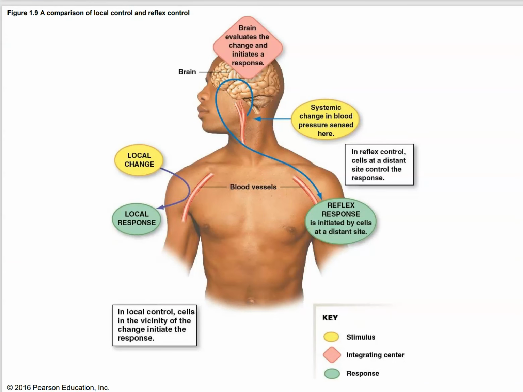So you have a receptor that measures something locally, and it sends it to the brain that evaluates whatever these receptors measured. And then let's say here in this example, the blood pressure is too high. We're sending these measurements up to the integrating center in the brain, and then there will be some compensation to bring the blood pressure back down to what it's supposed to be.